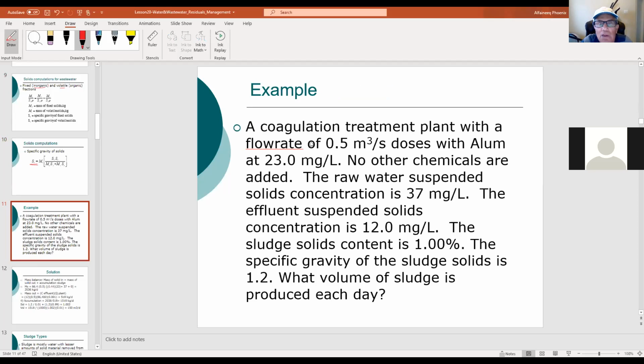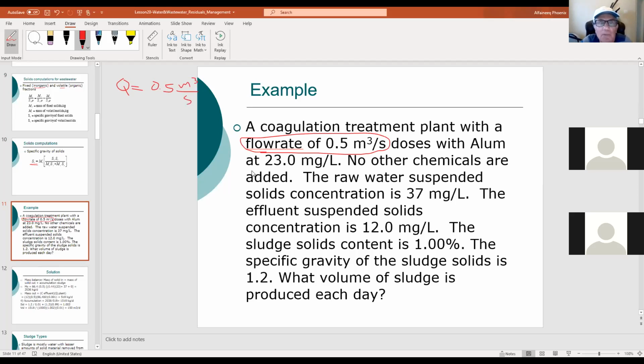Look, there is a treatment plant here. They are adding coagulant. The flow rate is 0.5 meters cubed per second. That's your Q. So Q equals 0.5 meter cube per second.